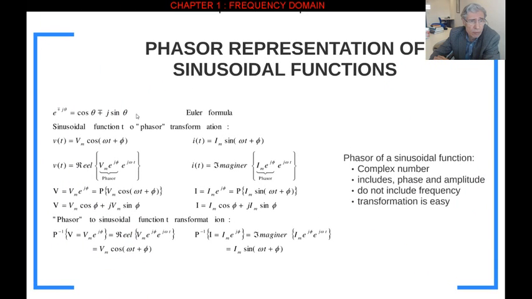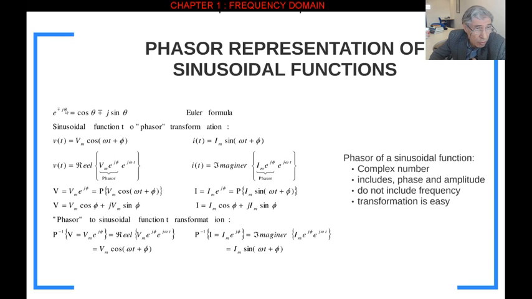So that's the Euler formula, we know it from mathematics. If you have a sinusoidal function like that, you can represent this function in this form: the real part of this function. Look at this function, Vm times e to the power j phi, multiplied by e to the power j omega t.